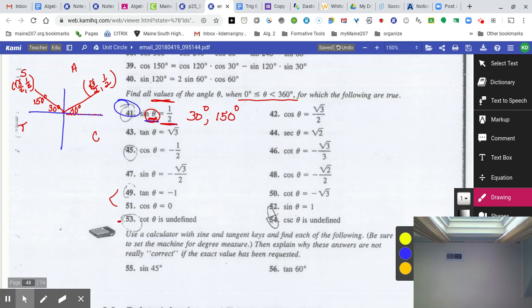Any of these that have 1 and undefined, that's the places I'm looking for. At any rate, I hope that's a pretty good explanation. I'm looking around the circle one time. Okay, so from 0 degrees all the way around to 360 degrees. So usually you're going to find two angles that match or that fit the criteria.